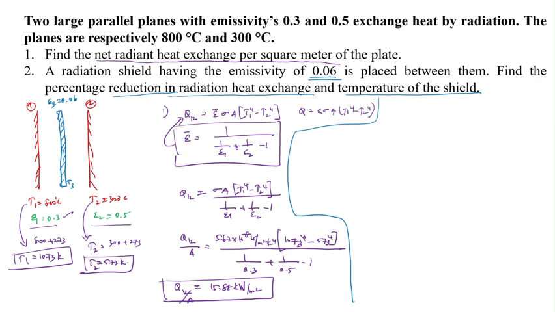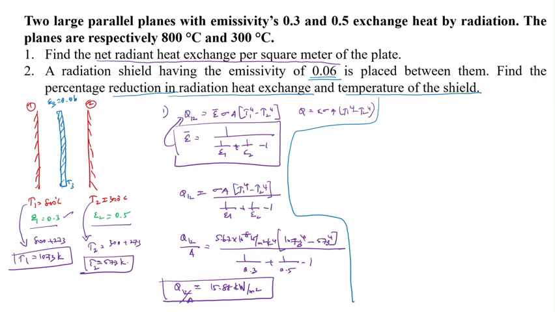Before finding the percentage reduction in radiation heat exchange, we first find the temperature, and only then move to the first part, that is the reduction in radiation.